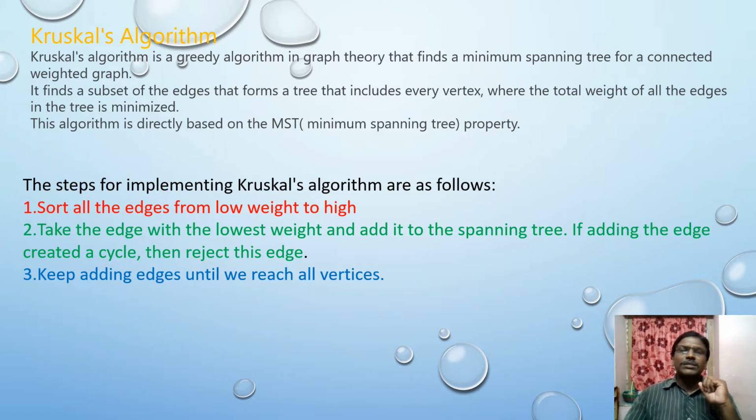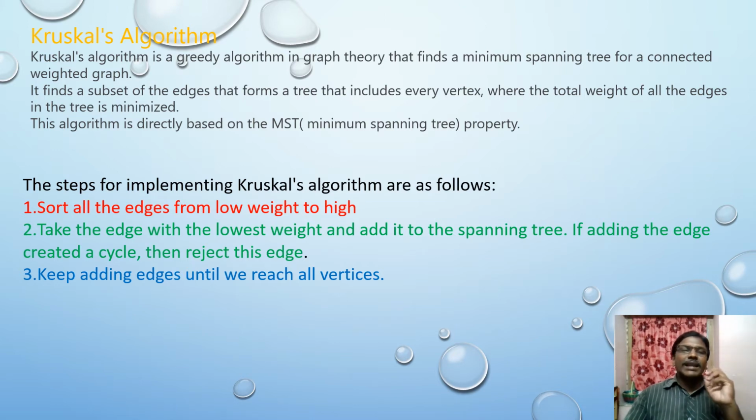How it works, I will explain. First, sort all the edges from low weight to high weight. Then take the edge with the lowest weight and add it to the spanning tree.